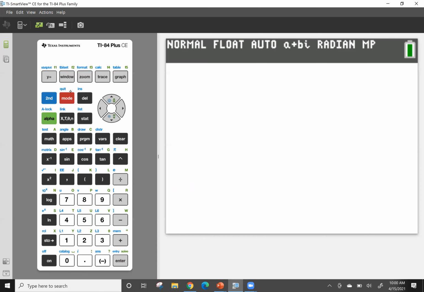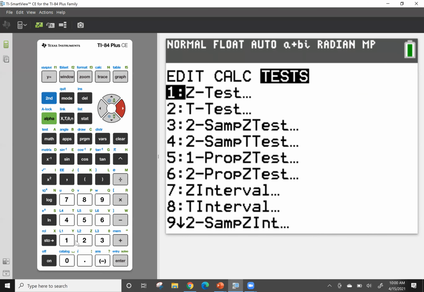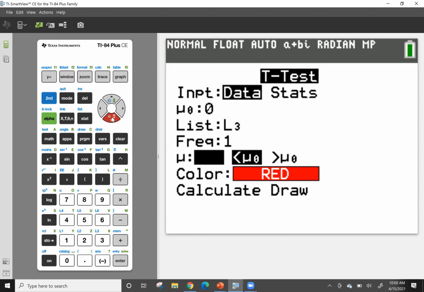Okay, so I'm going to go to stat tests. I'm going to run a t-test on the data that's in L3. This will all work, except what's my alternative hypothesis? Is it greater than? So I need to change this to a right-tailed test.